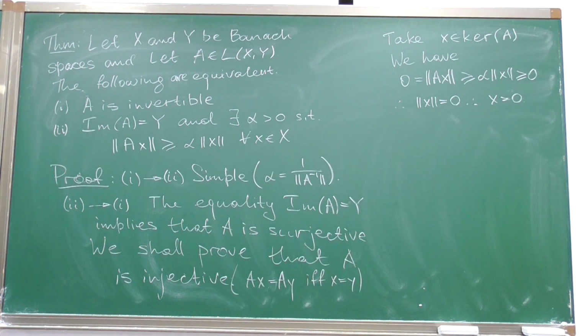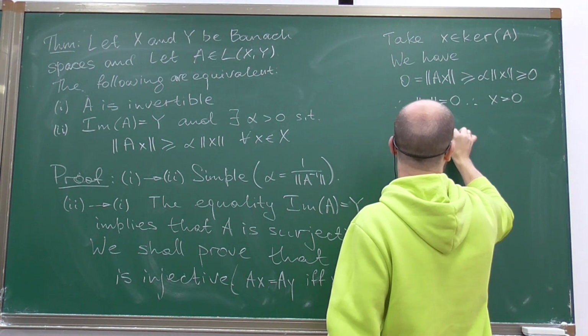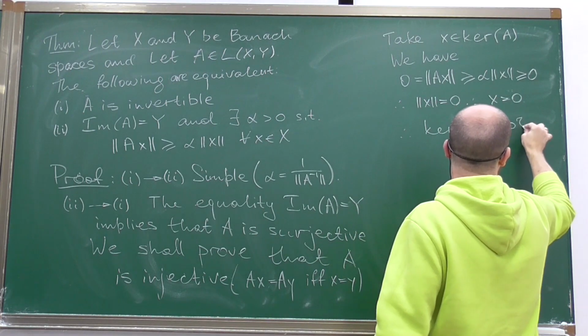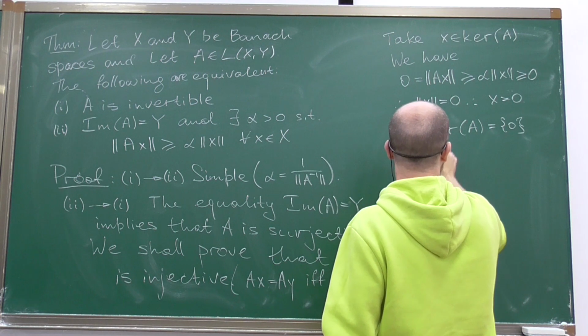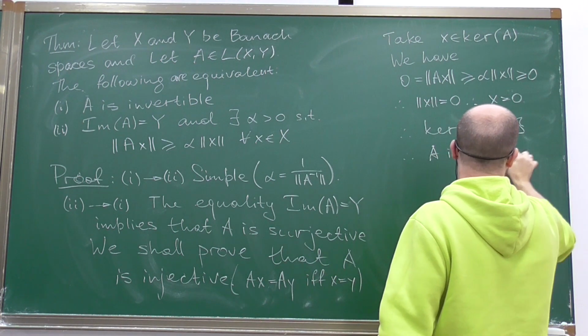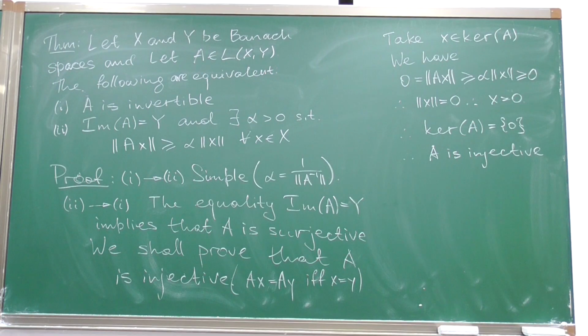So we've taken an arbitrary element from the kernel and proved that it is 0. So the kernel of A consists of 0 only, and hence A is injective. Combining this with surjectivity, we deduce that A is bijective and therefore invertible.